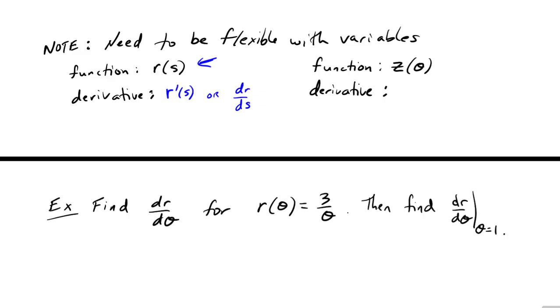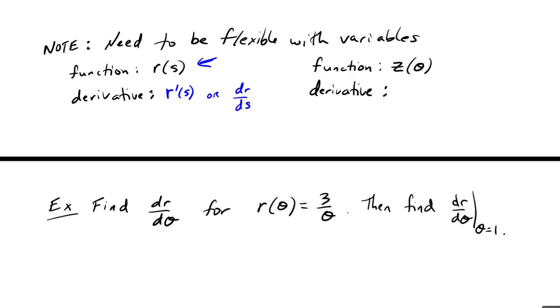And what you're seeing is that the notation is attempting to show us what is the independent variable, s in this case. So in the Newton notation, the prime notation, the prime is telling us it's the derivative, and because we only have a function of one variable, s, it's understood that it's the derivative with respect to the variable s.